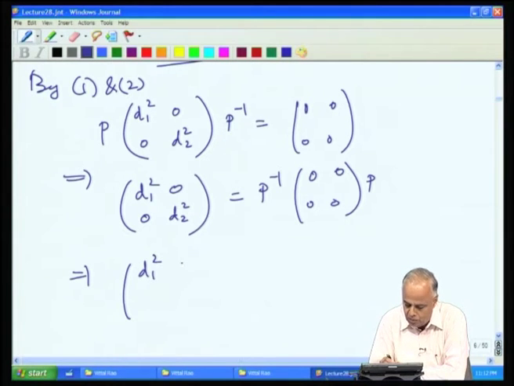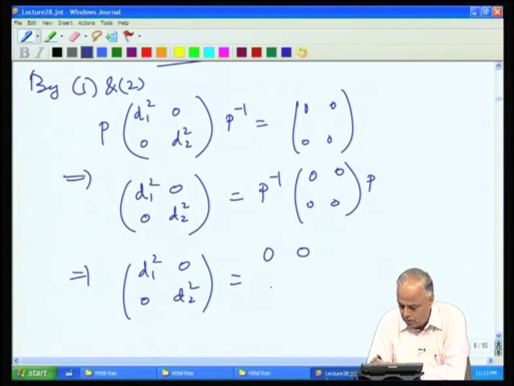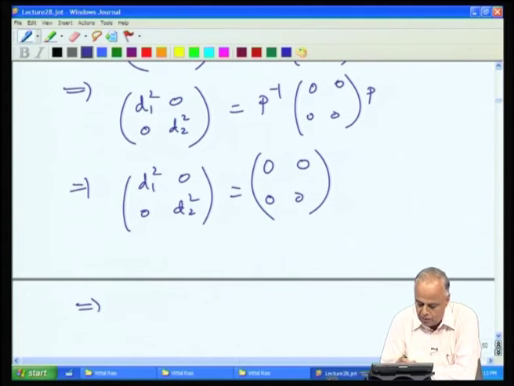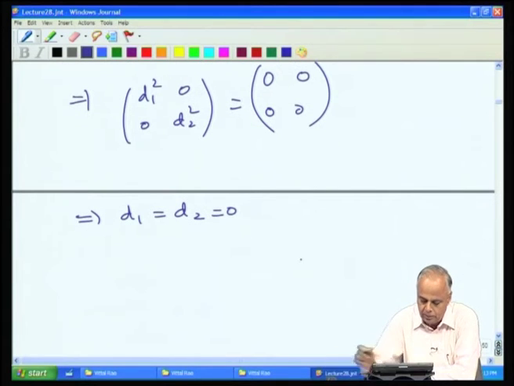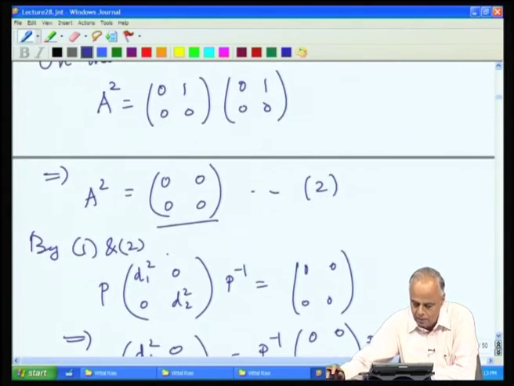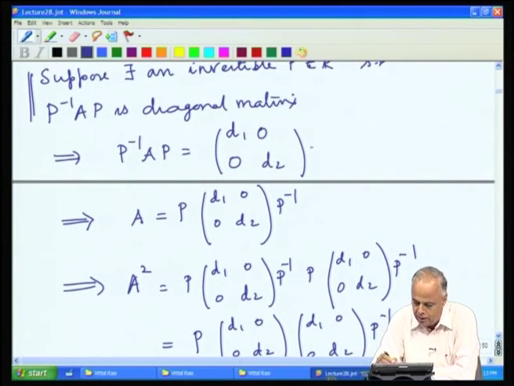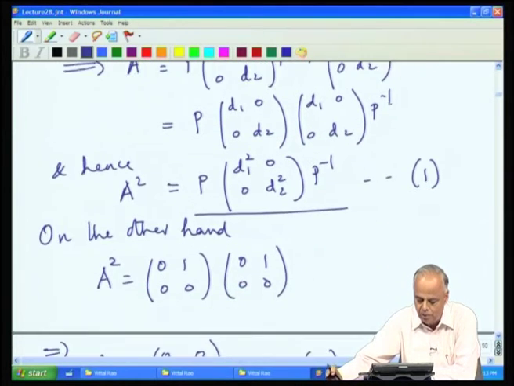So, we get D1 squared 0 0 D2 squared is 0 0 0, and therefore, it implies D1 is 0 and D2 is 0, which means the matrix D we got, let us call this matrix D, must be the 0 matrix.